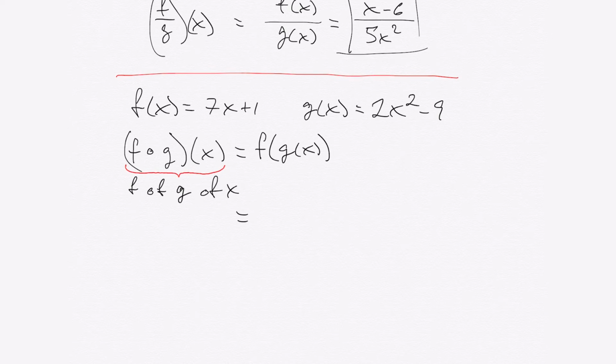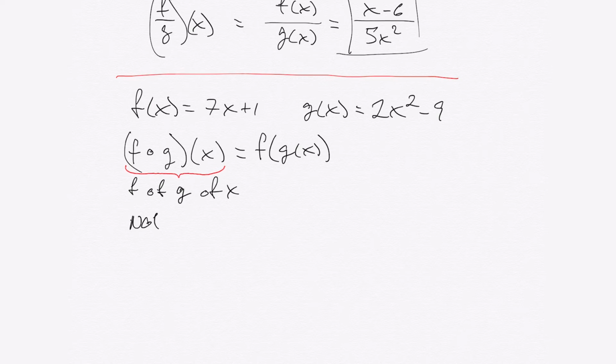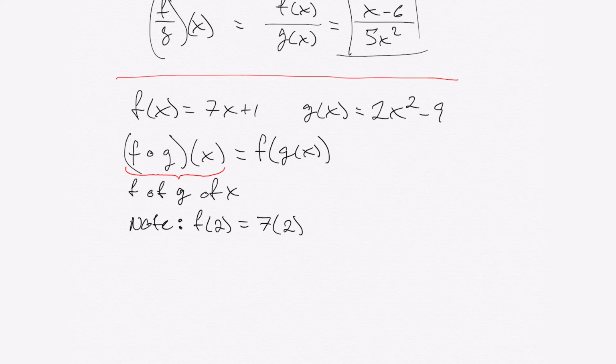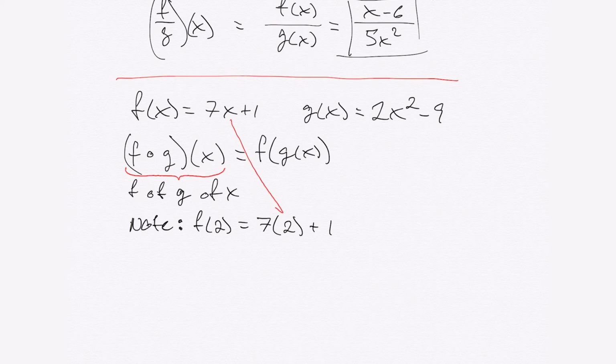Let's see. All right, so let me back up just a moment. Let's put a little note here. If I wanted to evaluate f of 2, we know that we would take the 2 and plug it into our function f, and so the x has been replaced by a 2.